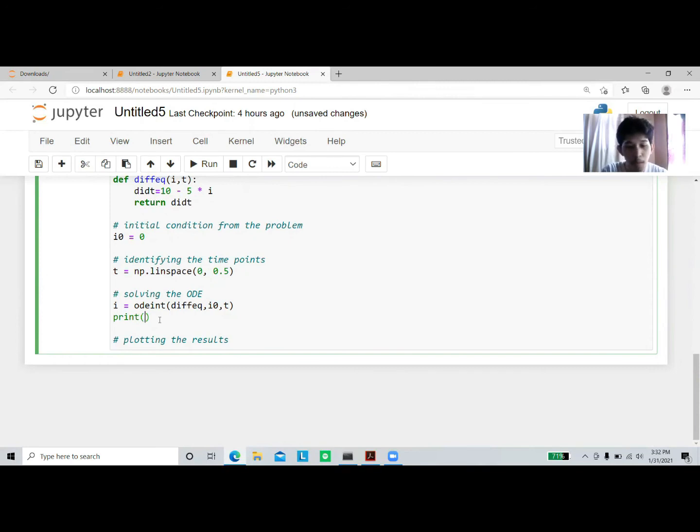What I want to appear when you print it is "the value of I at t is equal to 0.5 second is", then a comma, and parenthesis. So let's now use np.where t is equal to 5.